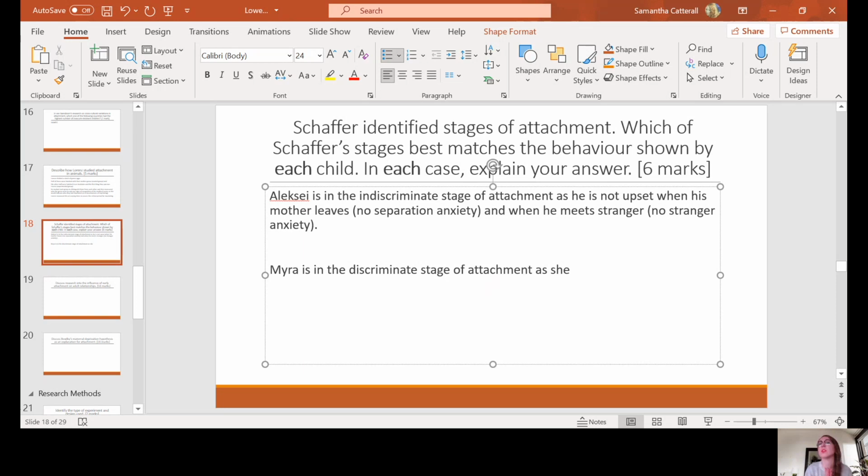She's just attaching to that primary caregiver, the mother, and not anybody else. She's got stranger anxiety against anybody else. So as she is upset when the mother leaves, that's separation, and is upset in the presence of strangers, such as the childminder.